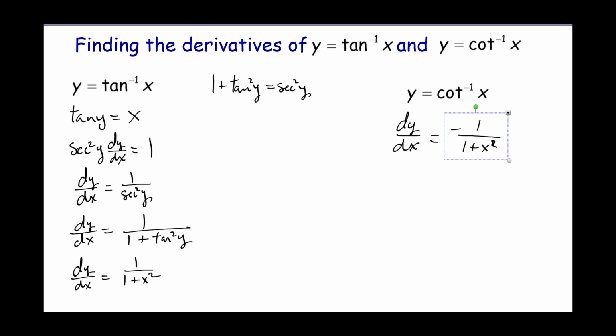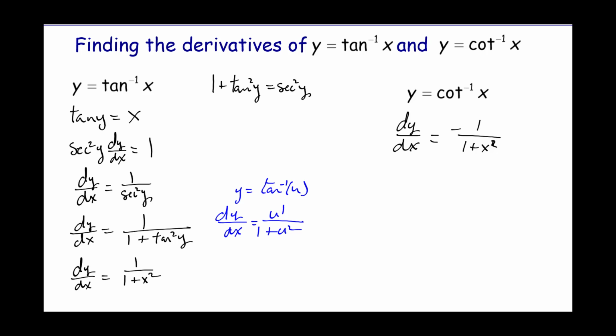Well, in general terms, let's talk about that now. If we have y equals the inverse tan of u, then the derivative would equal u prime over 1 plus u squared.